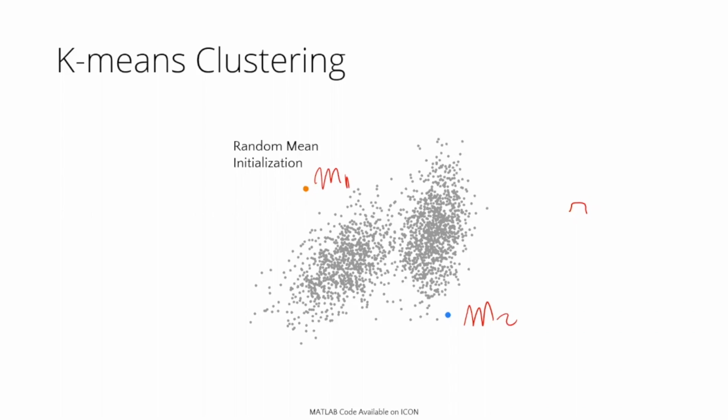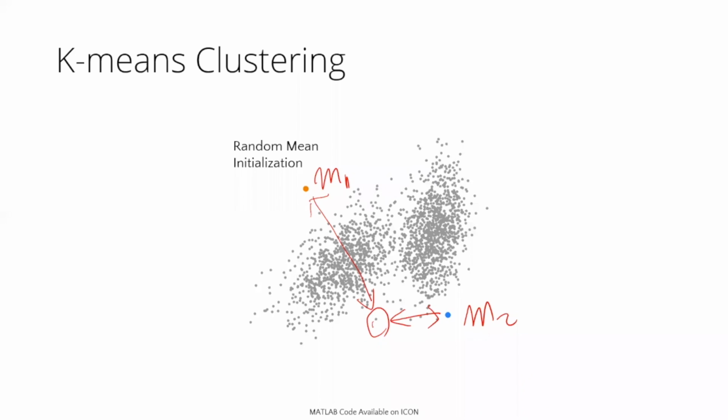Okay. Now, given these randomly initialized means, we're going to visit each individual point in the data set. For example, this one over here. We compare the distance from M1 and the distance from M2.